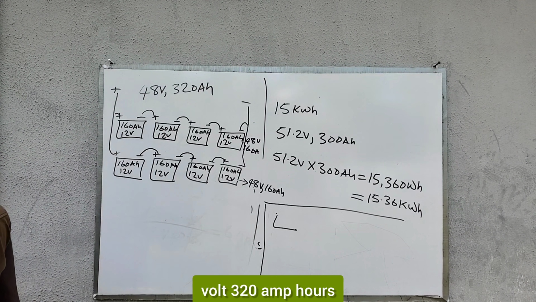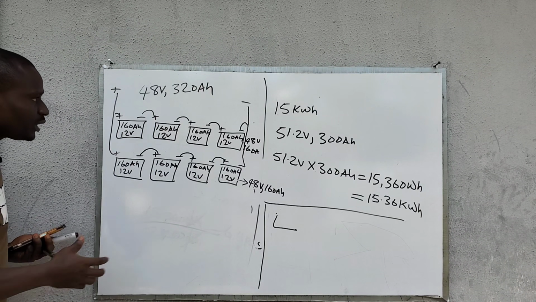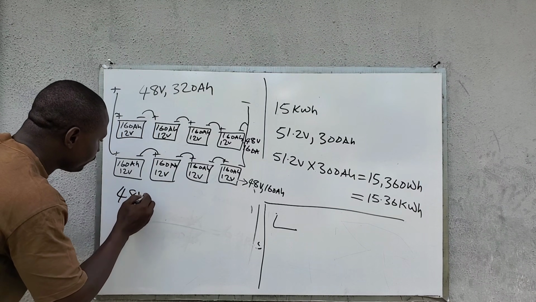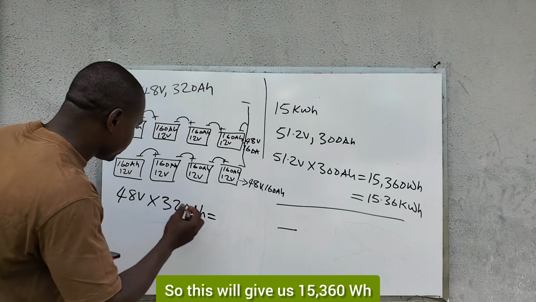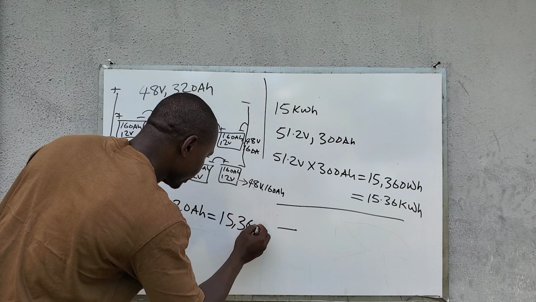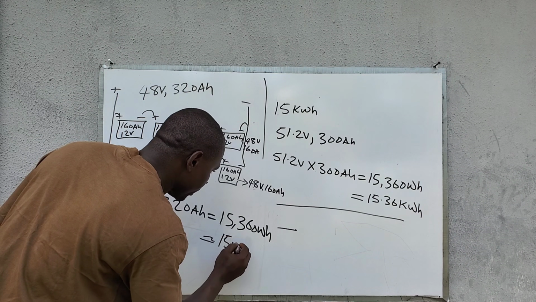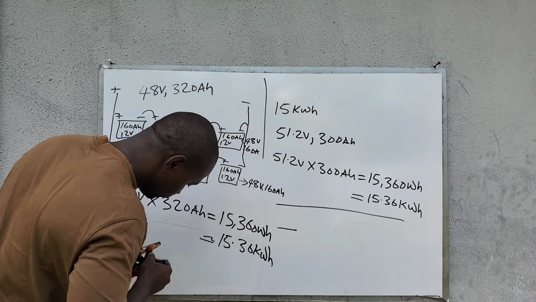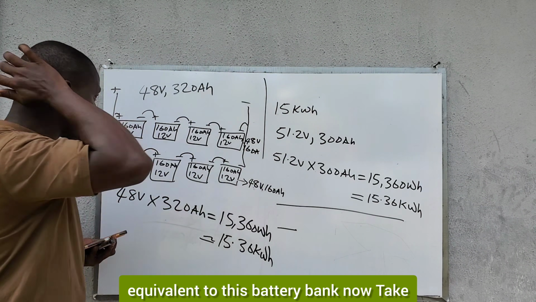The energy storage of this bank is 48 volts multiplied by 320 Ah, which gives 15,360 watt hours, the same as 15.36 kilowatt hours. So you can see that this battery bank is equivalent to this battery bank.